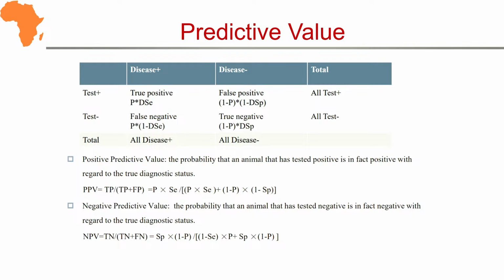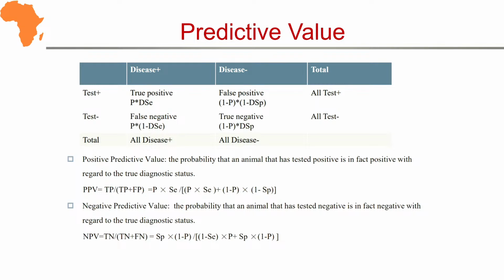False positive is 1 minus prevalence times 1 minus specificity. False negative is prevalence times 1 minus sensitivity. True negative is 1 minus prevalence times specificity. For the true ones, it's the specificity for the negatives, sensitivity for the positives.